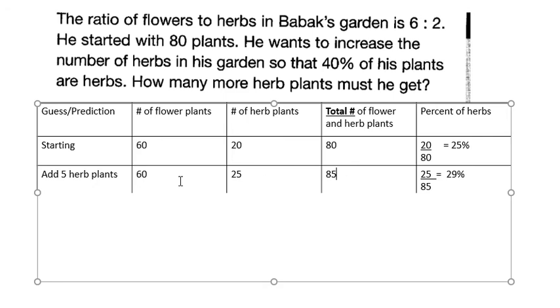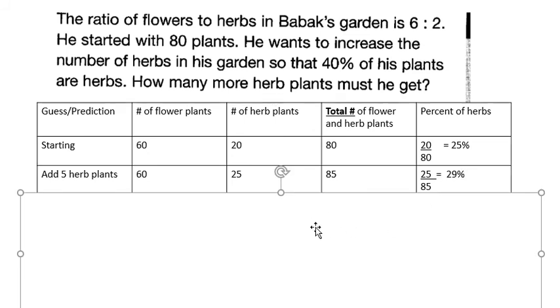So now I have my 60 flower plants, my 25 herb plants, and a total of 85 flower and herb plants. Once again, my fraction here is 25 out of 85 are now herbs. And if we carry that to a percent, we get our 29%. So we're still too low. We have to keep going higher.